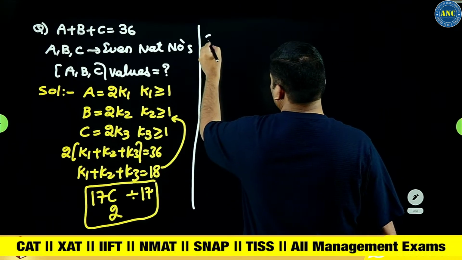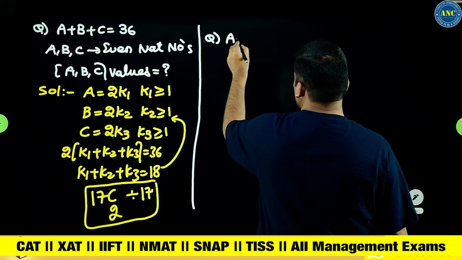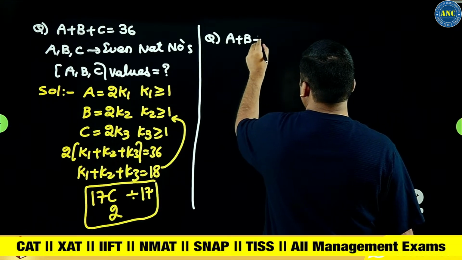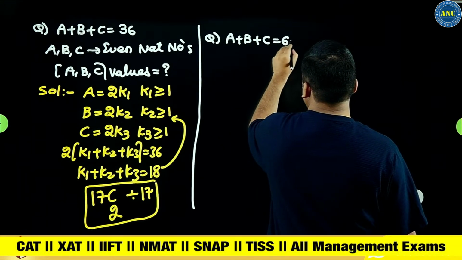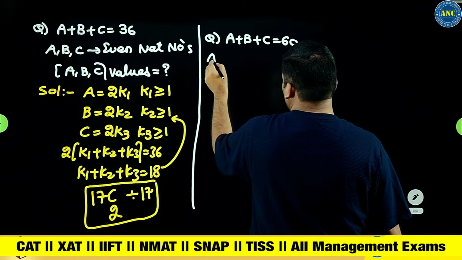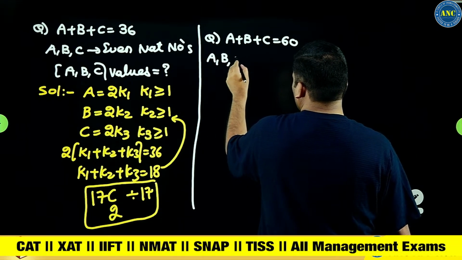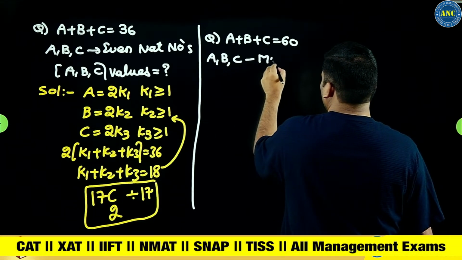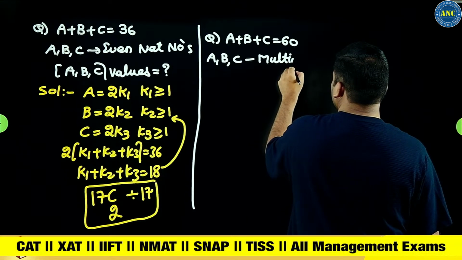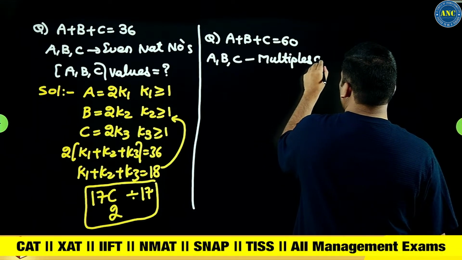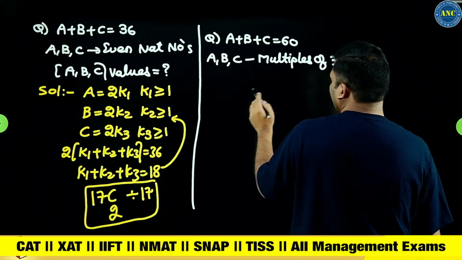Next one. A + B + C = 60. A, B, C are multiples of 3.